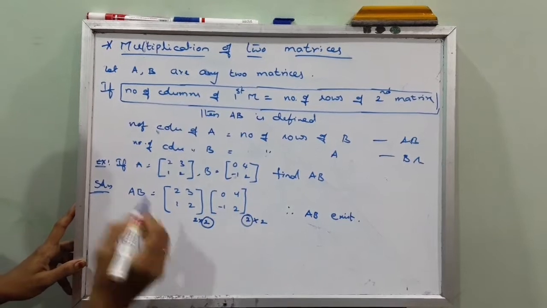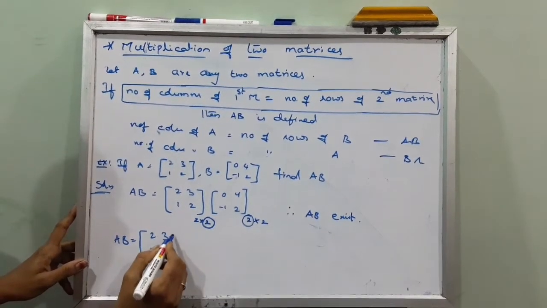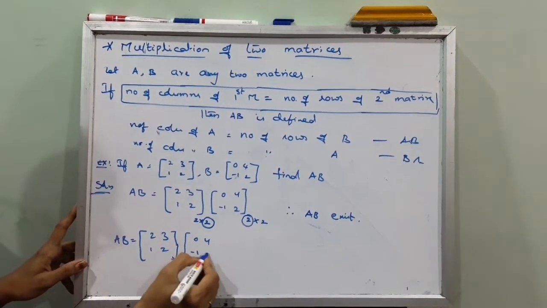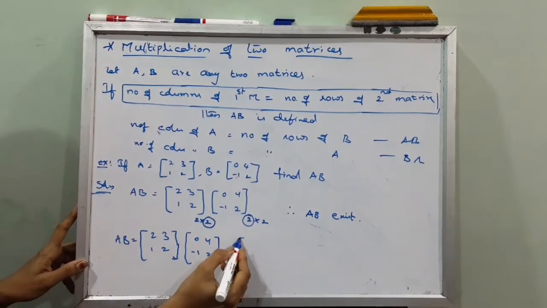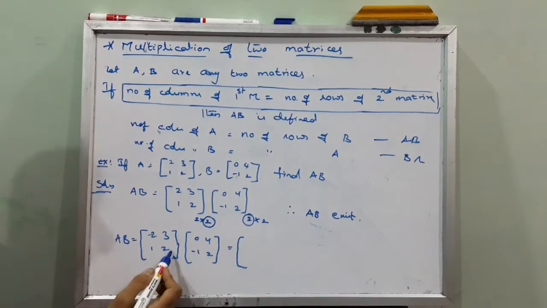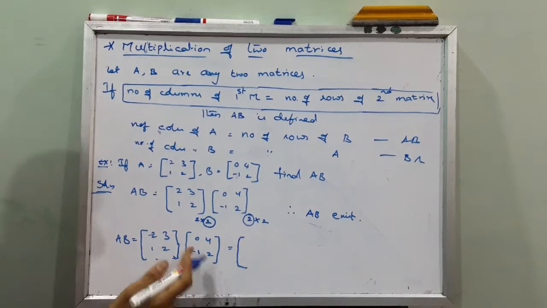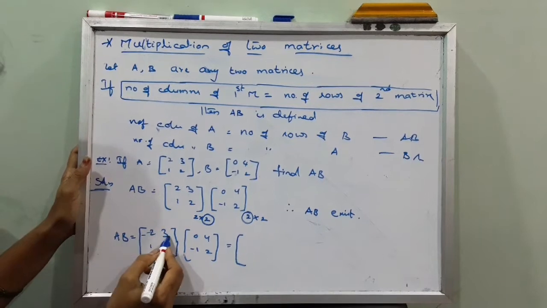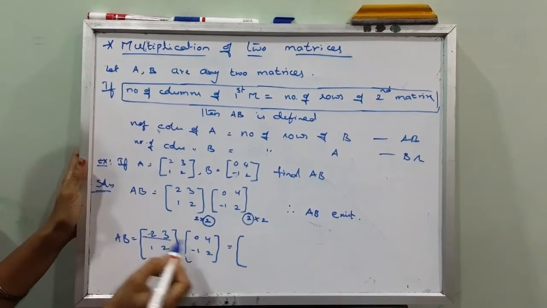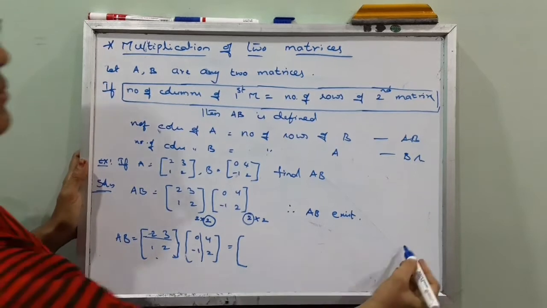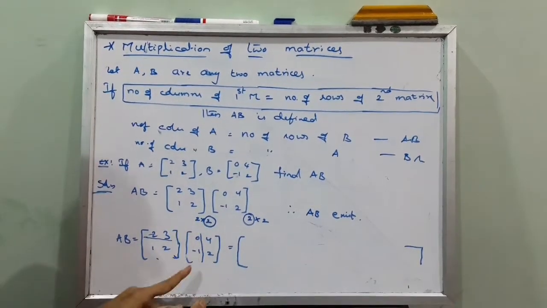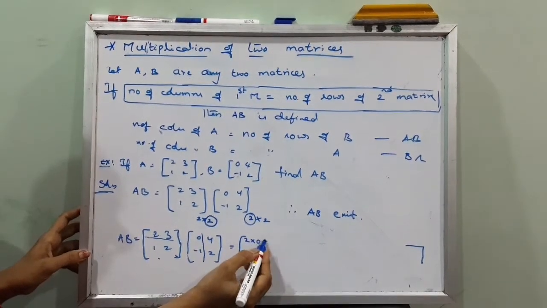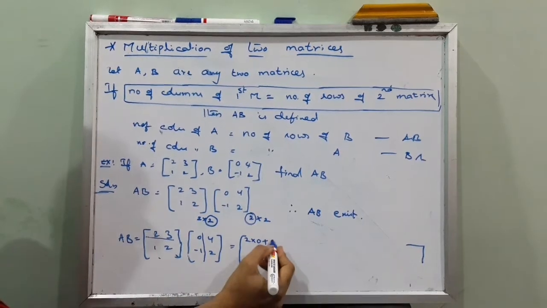How to find AB here? 2, 3, 1, 2 times 0, 4, minus 1, 2. Here multiplication is defined as first row by first column: 2 into 0 plus 3 into minus 1.